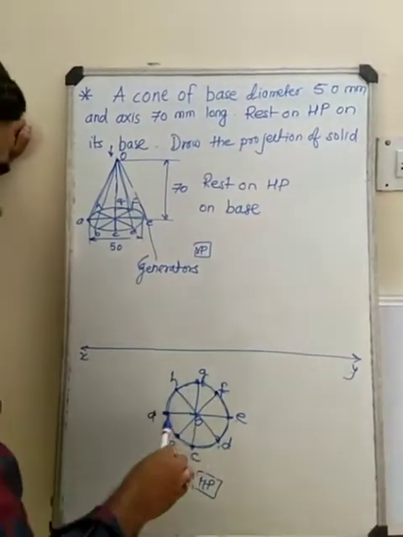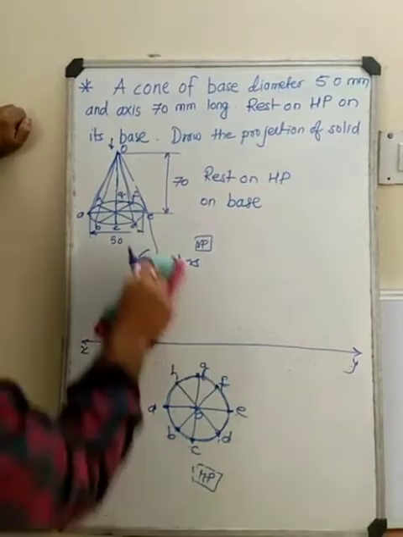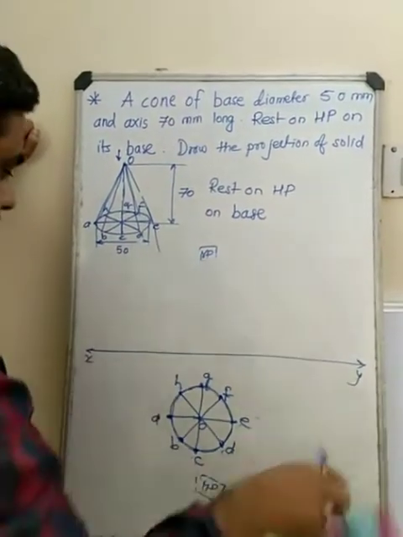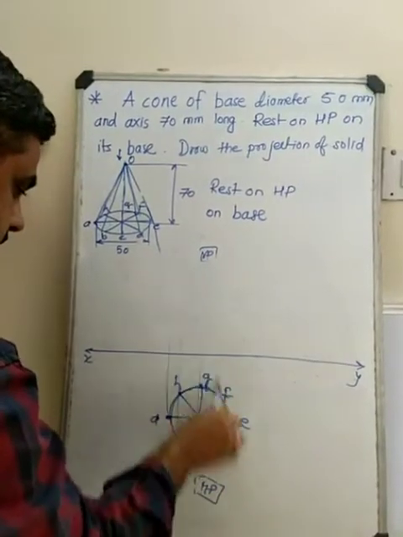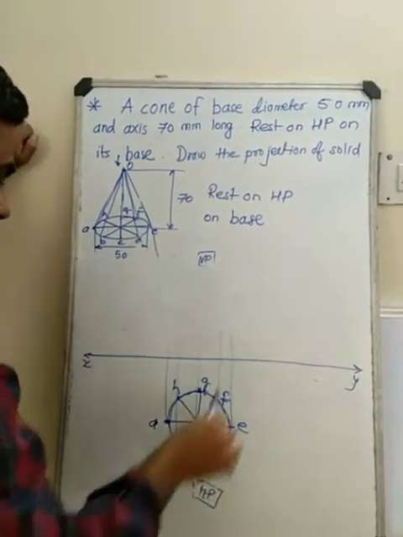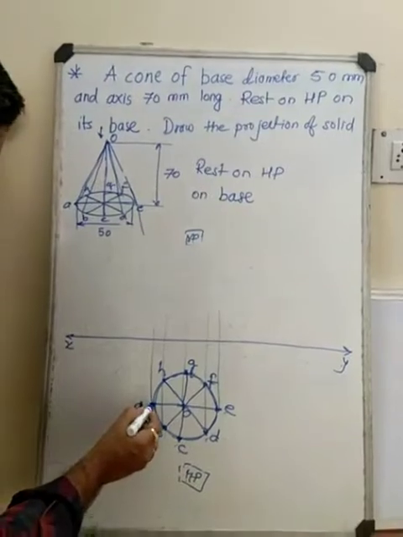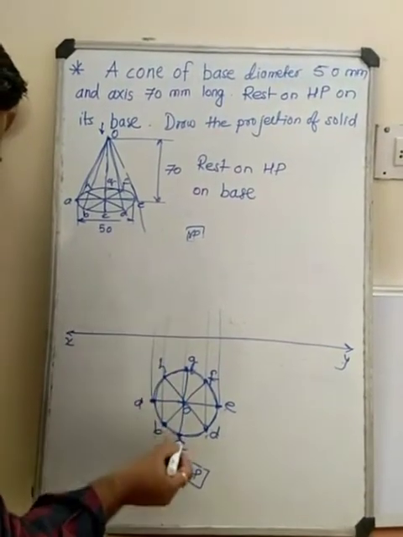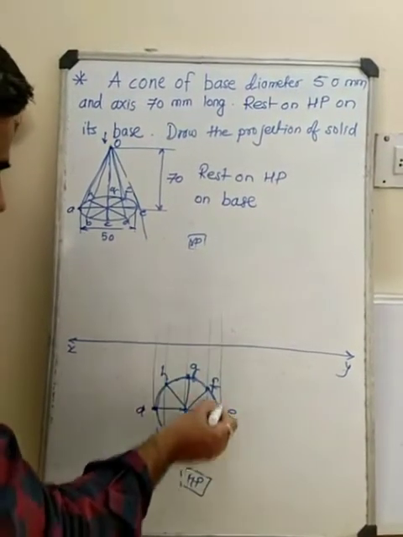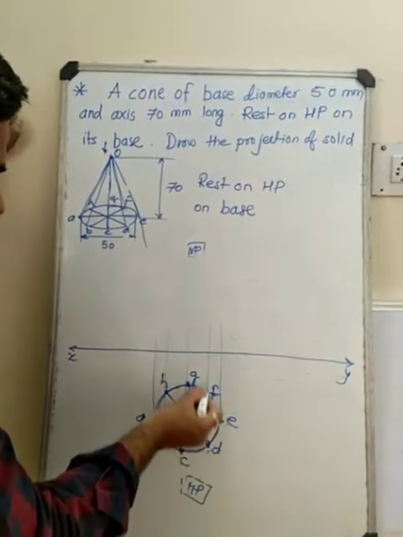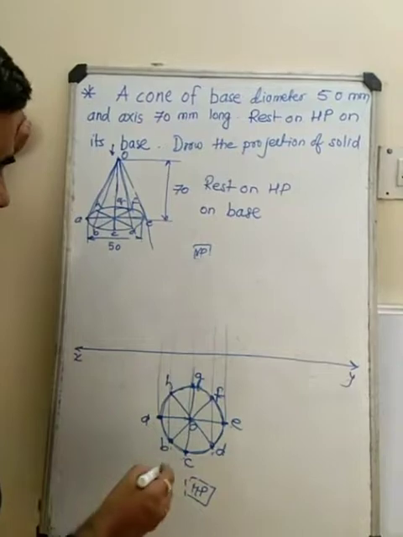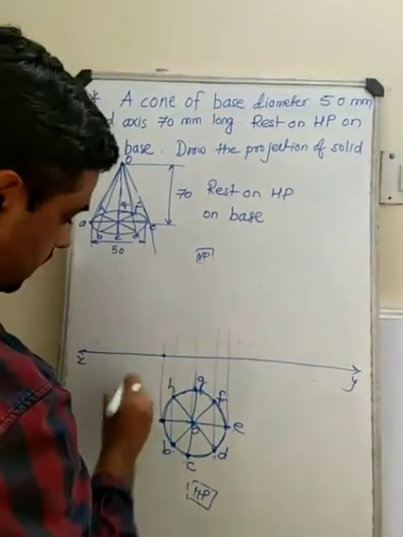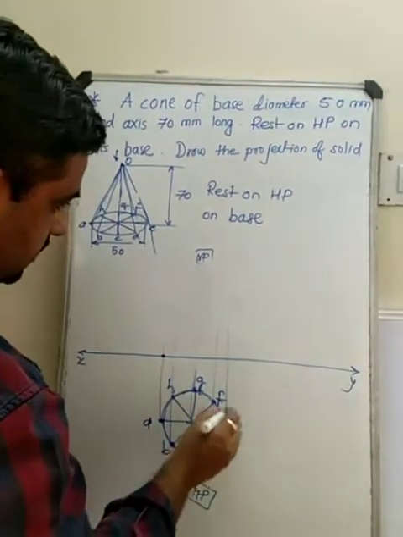Now you have to project the front view. So you have to draw the projectors: projector of A, projector of B, projector of C, projector of D, projector of E. The projector of F is the same as D, the projector of G is the same as C, and the projector of H is the same as B. Here the base ABCD is on HP.